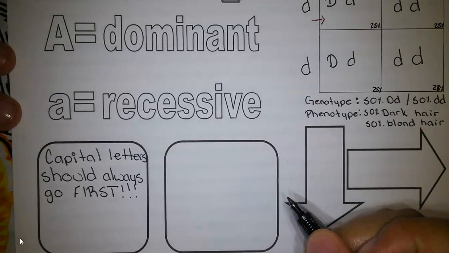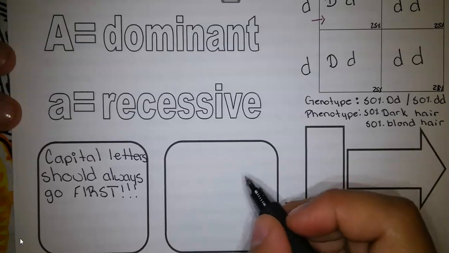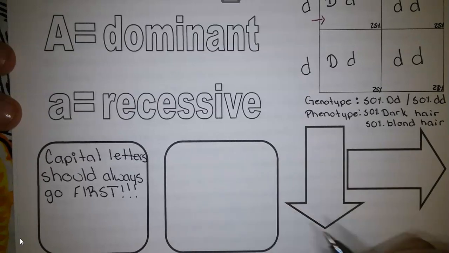The second one is that, well, it's not a rule actually, it's just what the Punnett square is.